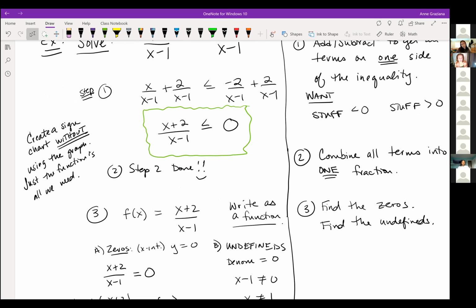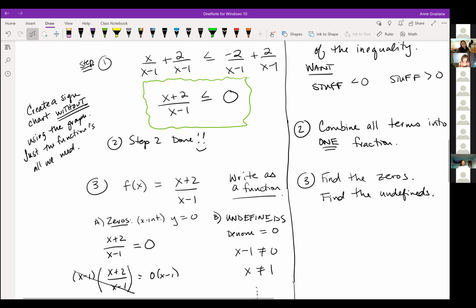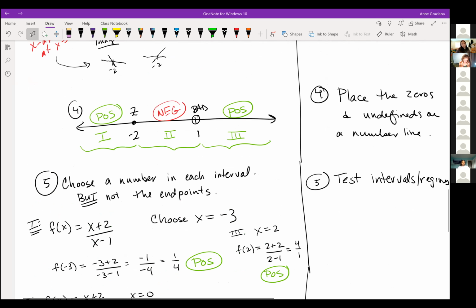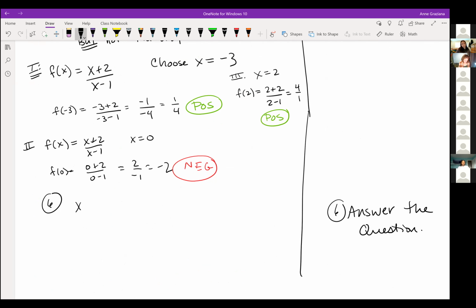My question is asking, when is x plus 2 over x minus 1 less than or equal to 0? So let's write that down here: x plus 2 over x minus 1 less than or equal to 0. This is what we need to solve.